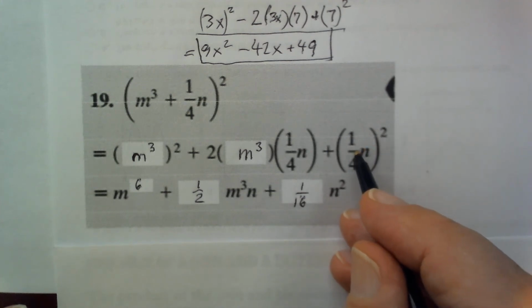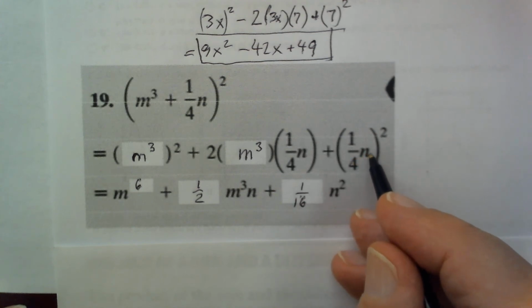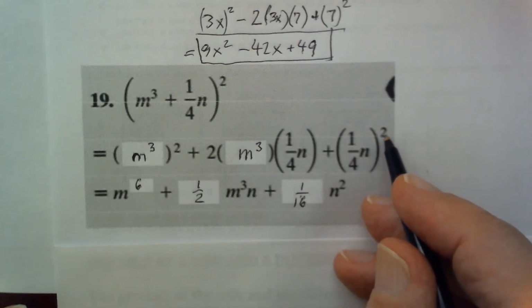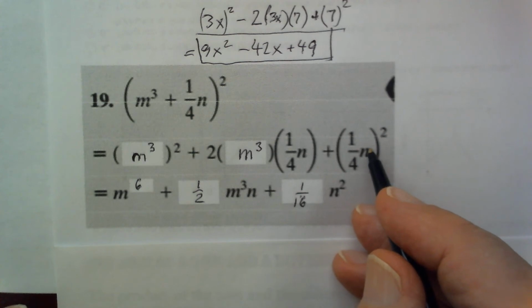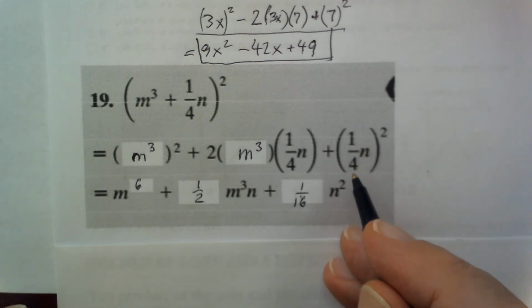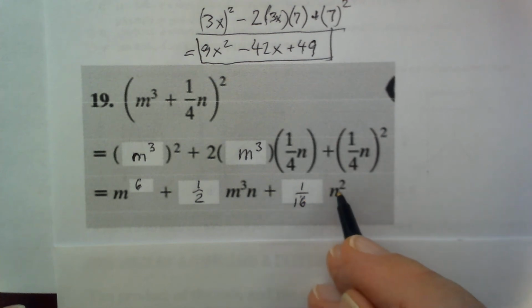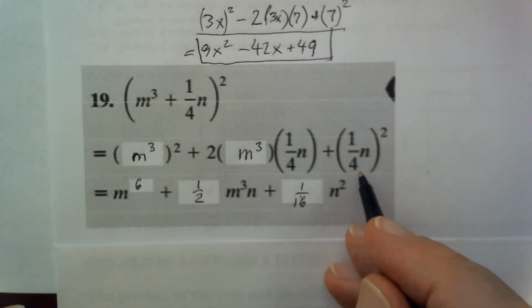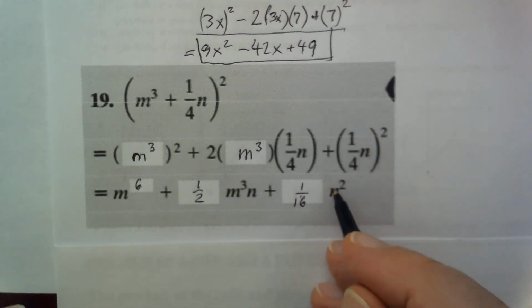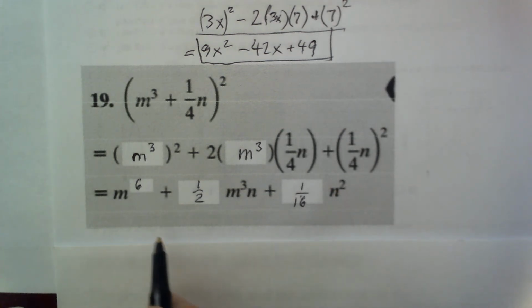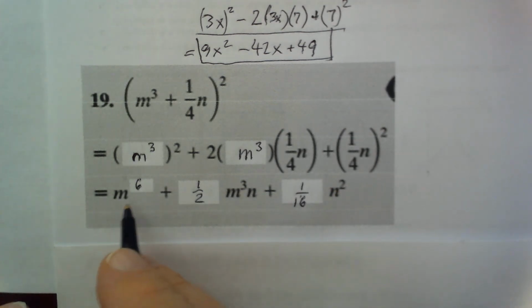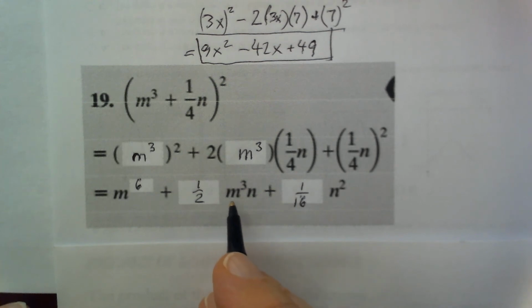And what that means is that each factor, in this case 1/4 and n, is raised to the 2nd power. So 1/4 to the 2nd power means 1/4 times 1/4, and 1/4 times 1/4 is 1/16, and n to the 2nd power is simply n squared. So that would be the answer: m to the 6th plus 1/2 m to the 3rd n plus 1/16 n squared.